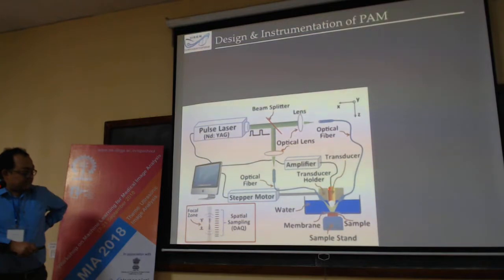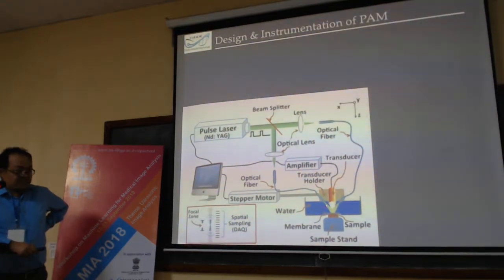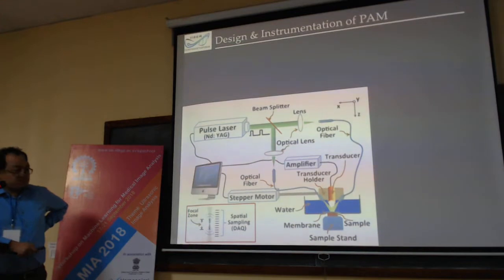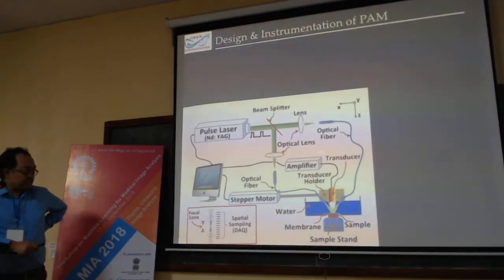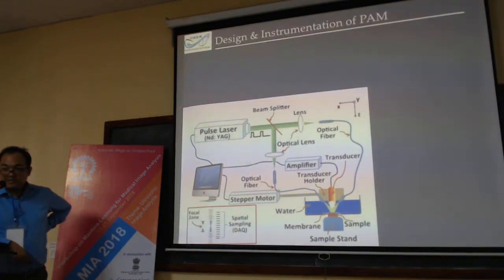This collected signal is pre-amplified because the strength of the signal is on the order of microvolts, which is not enough to process. So we amplify it, and then it is acquired by the data acquisition card. I used to include the data acquisition card here, fitted to the system.